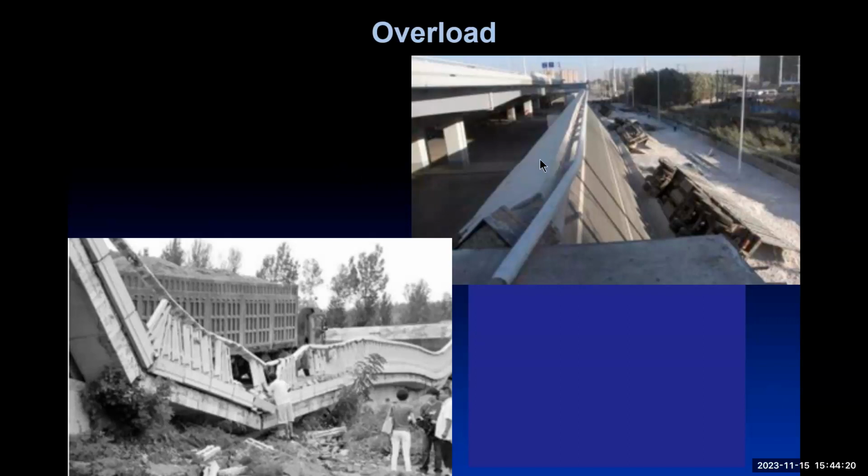And in this particular case, you can see that the side of the bridge here has had a torsional vibration or torsional buckling type of loading, which caused the collapse.